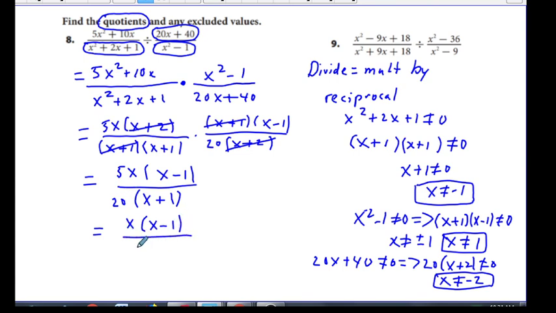And then we have left in the denominator 4 times x plus 1. Yeah, that looks good.